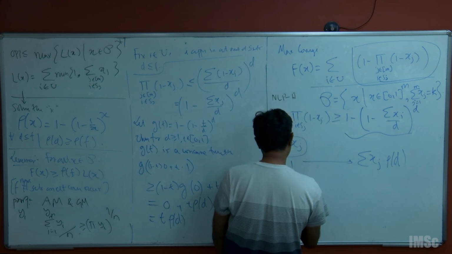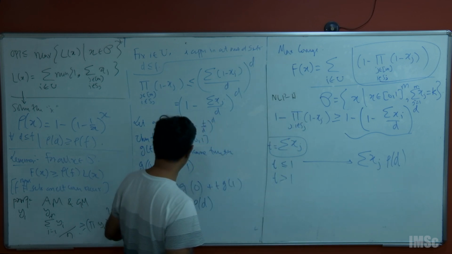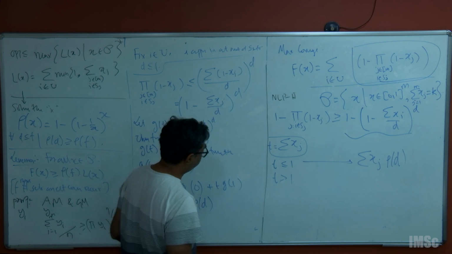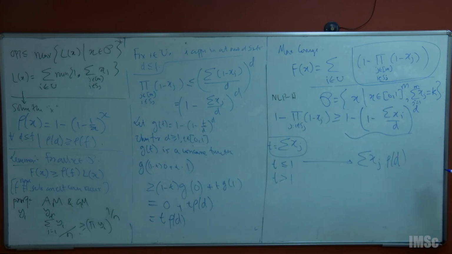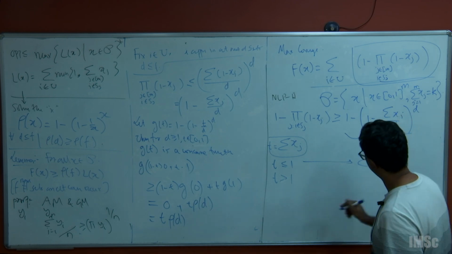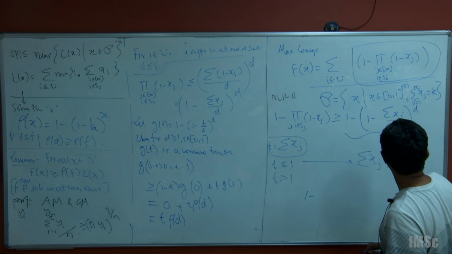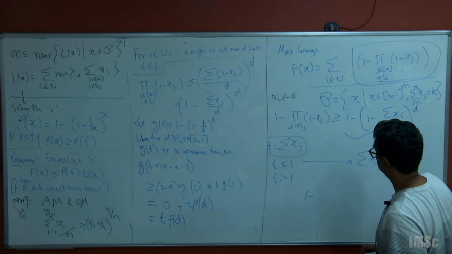If t is greater than or equal to 1, then what is the term given? Then this is this, right? Because then I can apply this lemma. Okay. But if t is more than 1, what can I say about this? Then we already get 1 minus 1 by d to the power d. So what do we get? If t is more than 1, then what do I get? 1 minus... Summation xi is less than 1, so we get 1 minus.